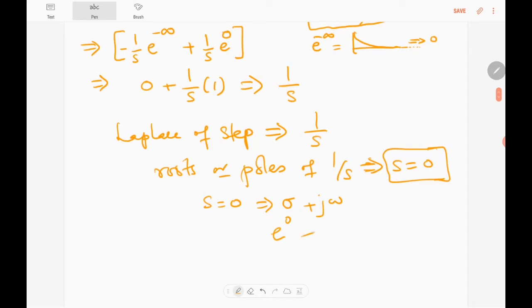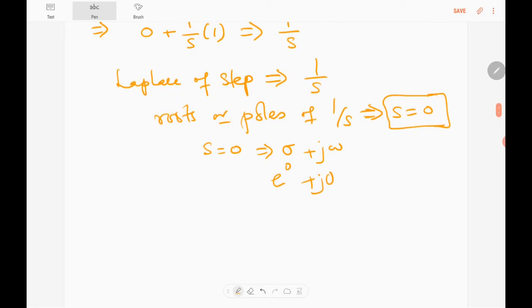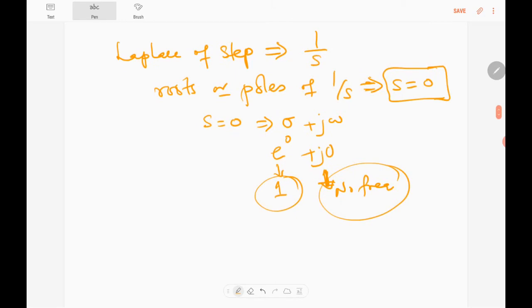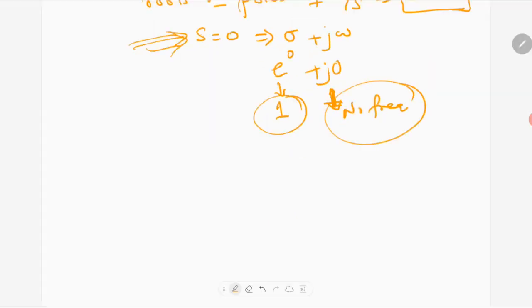It's just e raised to power 0, and we have 0 and j. So no frequency, and we just have this value of 1. We just did the Laplace transform of a step signal, and it's just a specific value and it has no frequency. So this is the intuitive information that we get from this s variable.